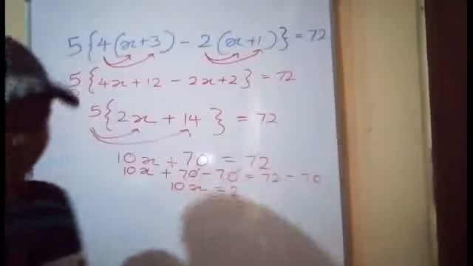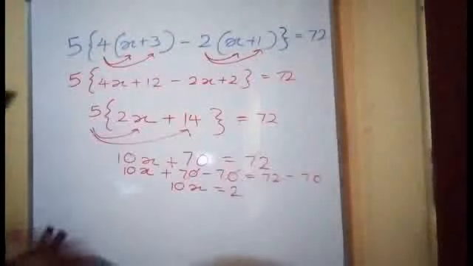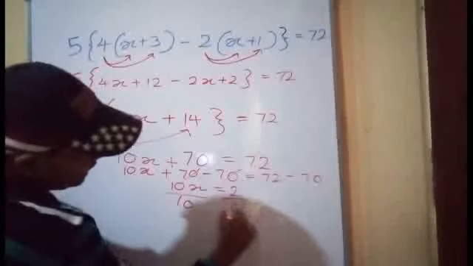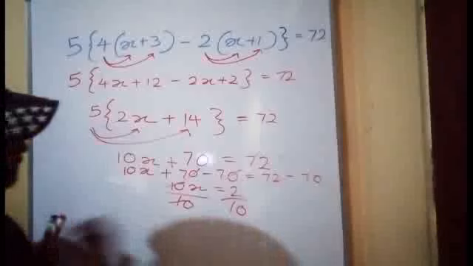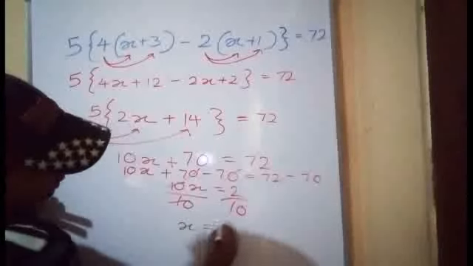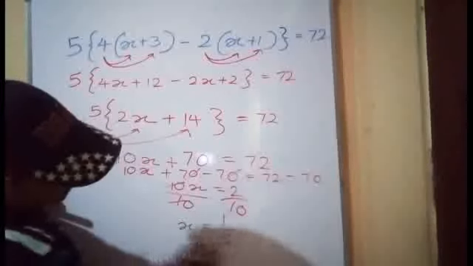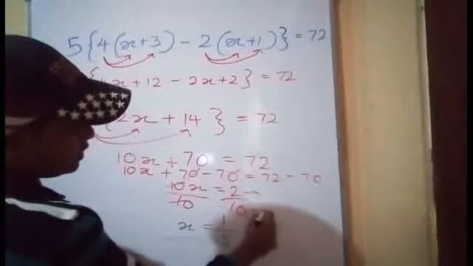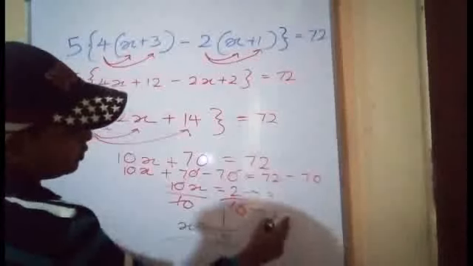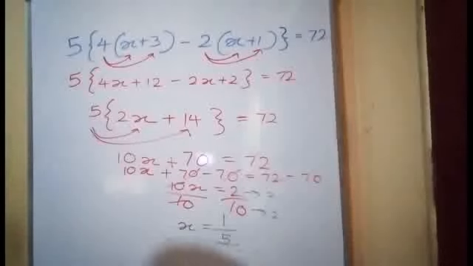They have trouble, no? Very easily we can divide both by 10. And what do we have? The x is 1 over 5, because both divide by 2, we have 1 over 5x.